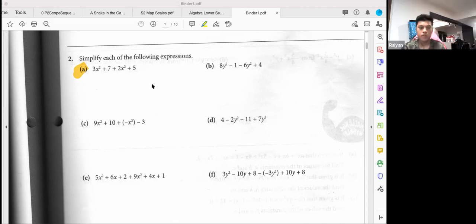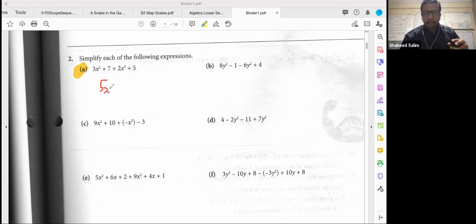What's x to factor? 5x square plus 12. Good. Okay, well done.